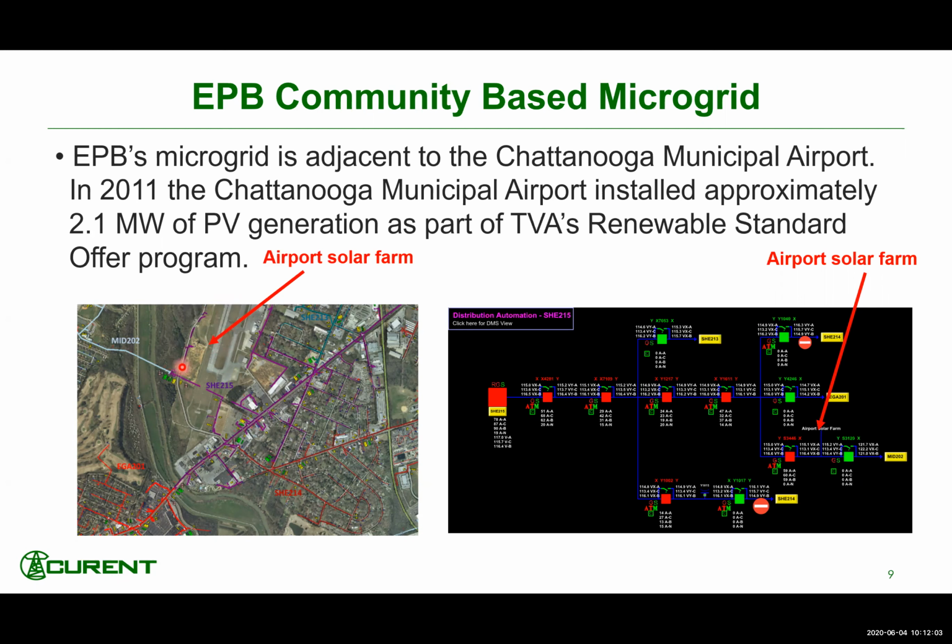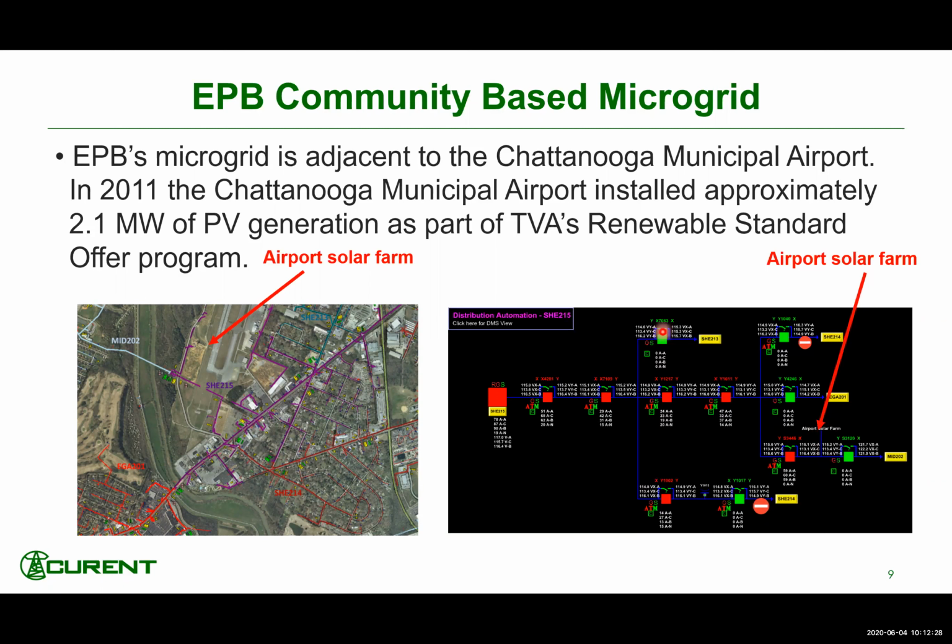The right snapshot shows the single line diagram of this feeder. The red dots show the substation and the closed reclosers or smart switches, and the airport solar farm and microgrid are located at the end of the feeder.